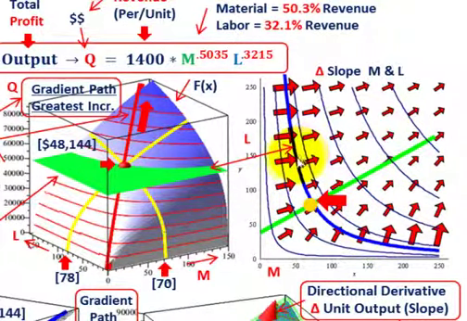These gradient path plots here in 2D are useful because you can see your level curves. These light blue lines are the level curves, and this blue line I'm showing here is that cutting plane going through based on our targeted output, 48,144, and that's where our gradient vectors meet right here.